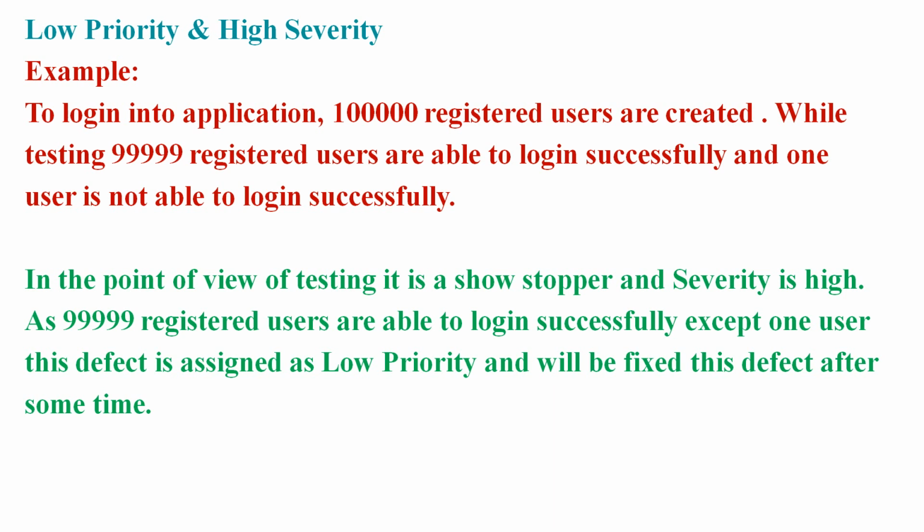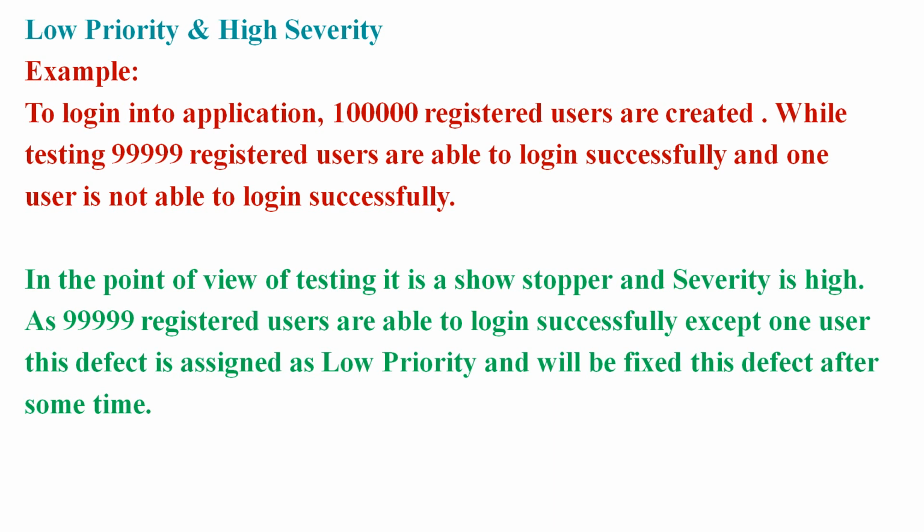There is no workaround. It is a no-go condition, a showstopper. If and only if this login functionality works perfectly, then only he can successfully log into this application and the rest of the testing can happen on the application. But here, the login functionality itself is not working. There is a defect.